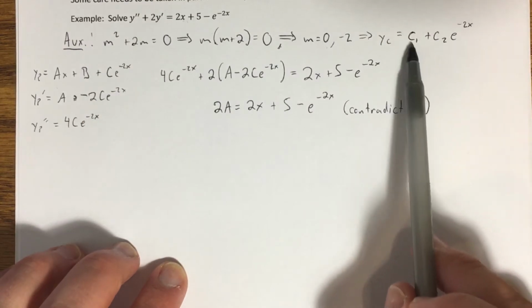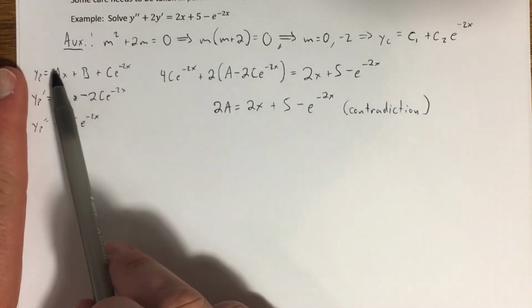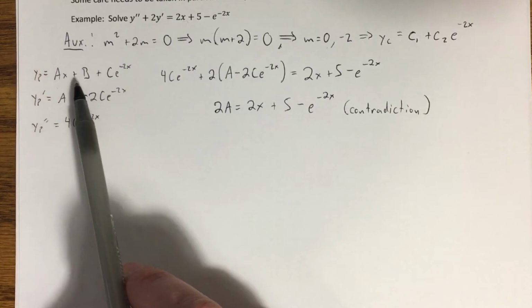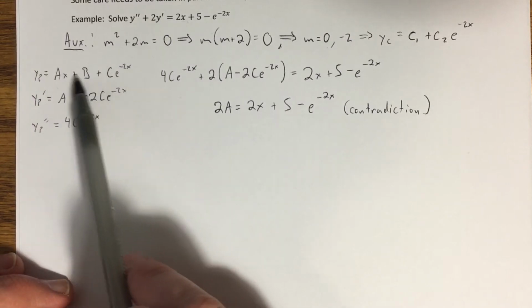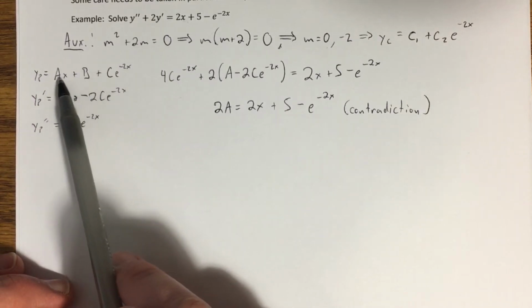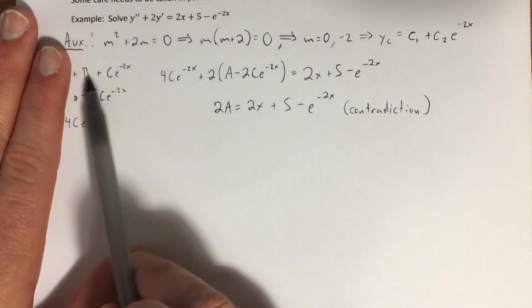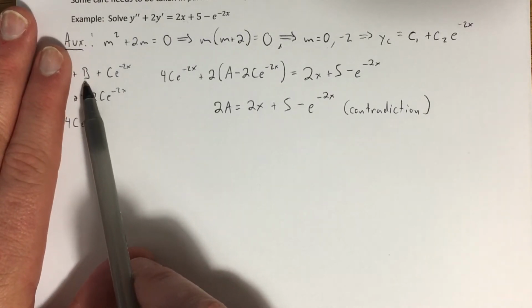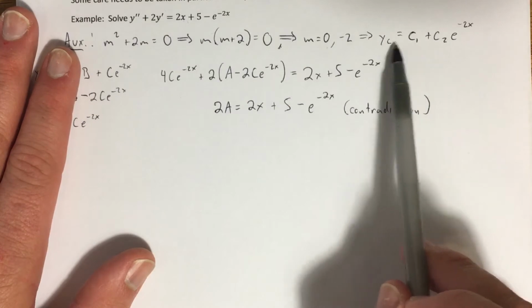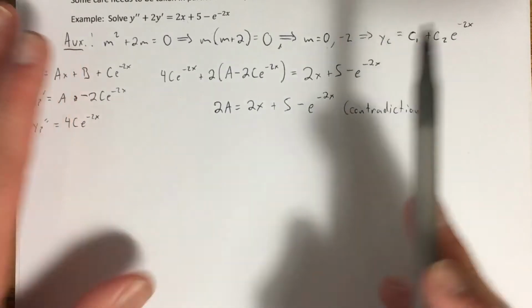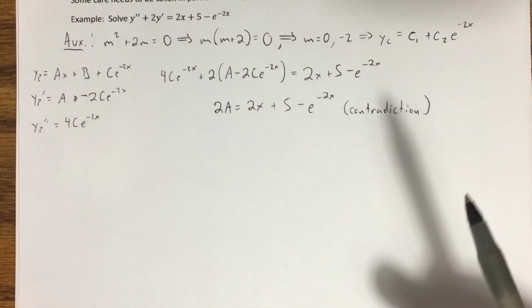Similarly, we have a constant term showing up here, and among our linear expression that we chose, ax plus b, we also have a term that is a constant. And so that constant has been accounted for in the complementary solution. Once again, that's a problem, okay?